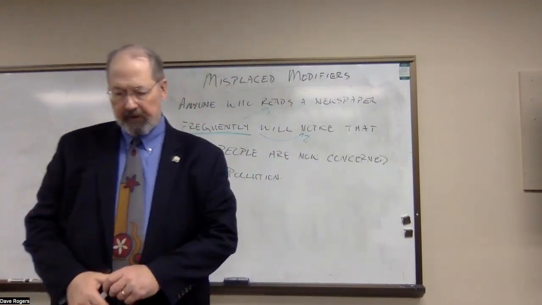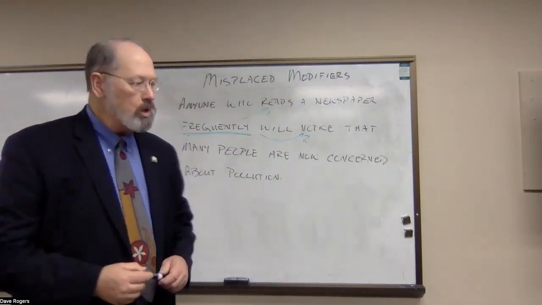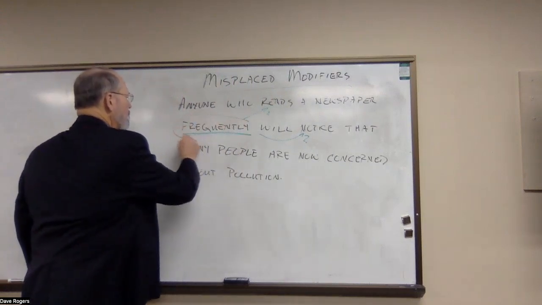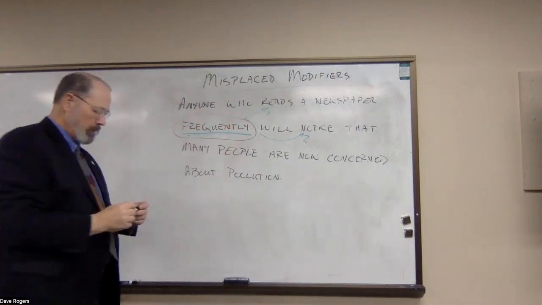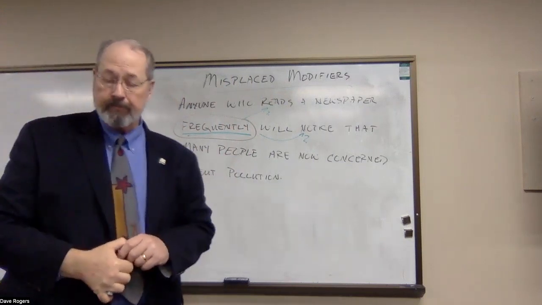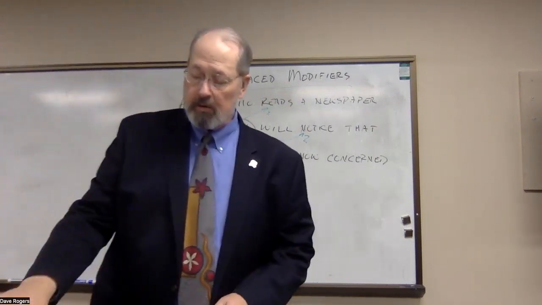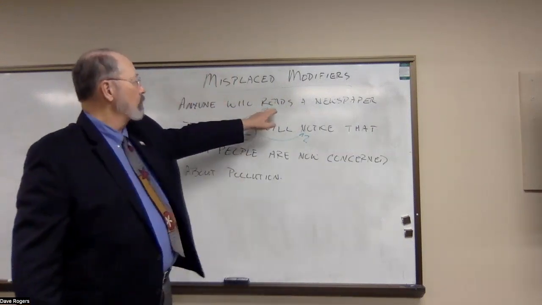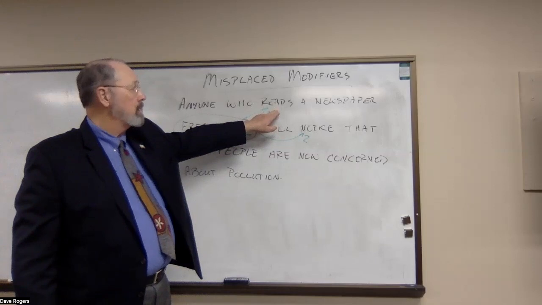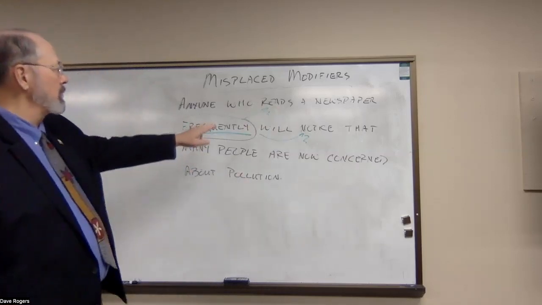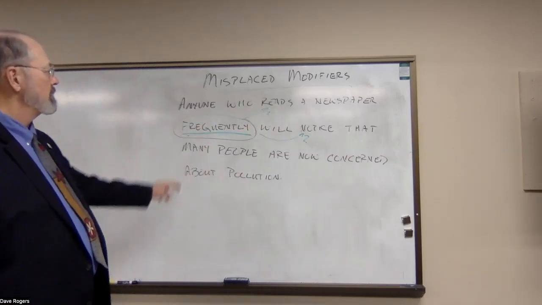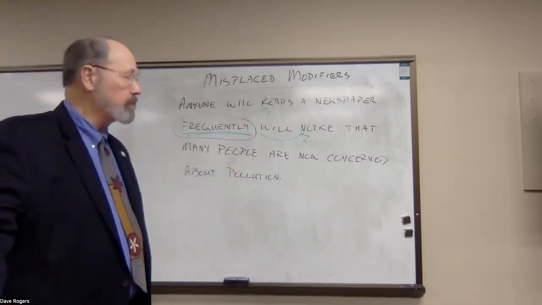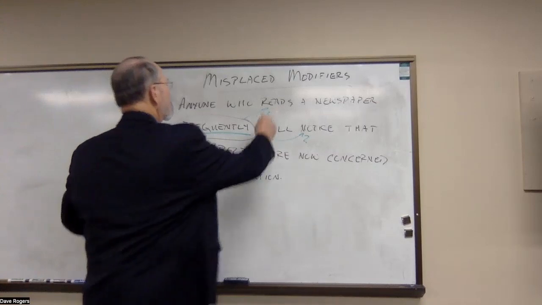You tell the difference by moving the modifier. You put it where it belongs. If you want to modify reading, you might move frequently from in between reads and notice to right here.